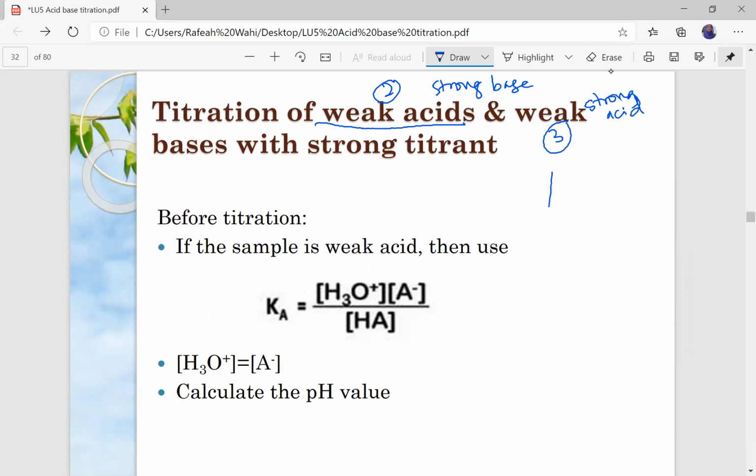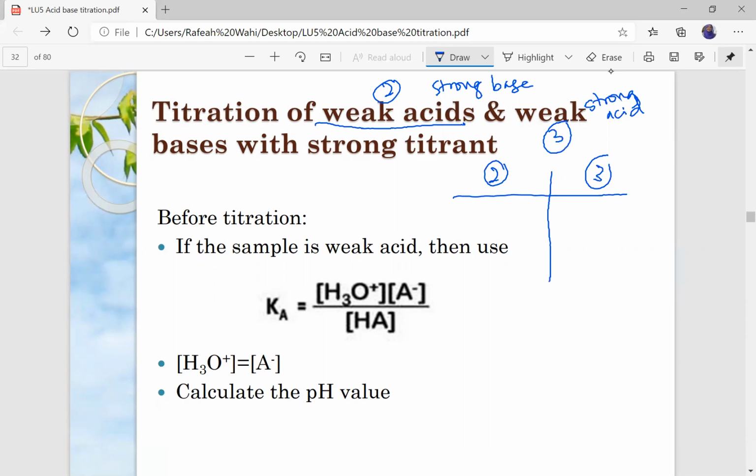Okay, you have each table like this, for number 2 and for number 3, because we are going to calculate differently using different formulas for each type of titration.